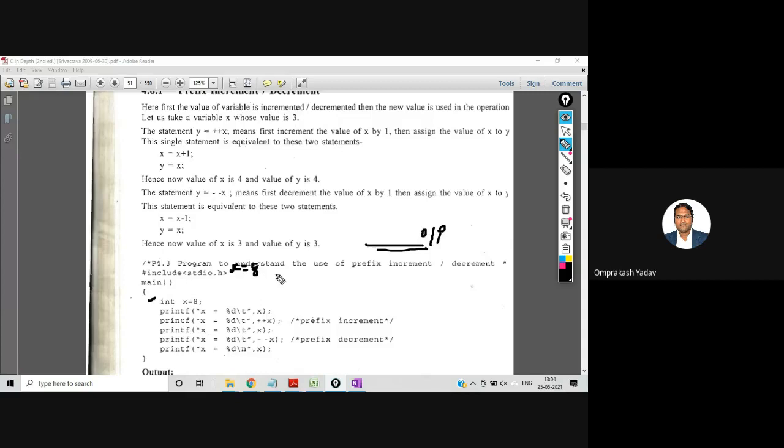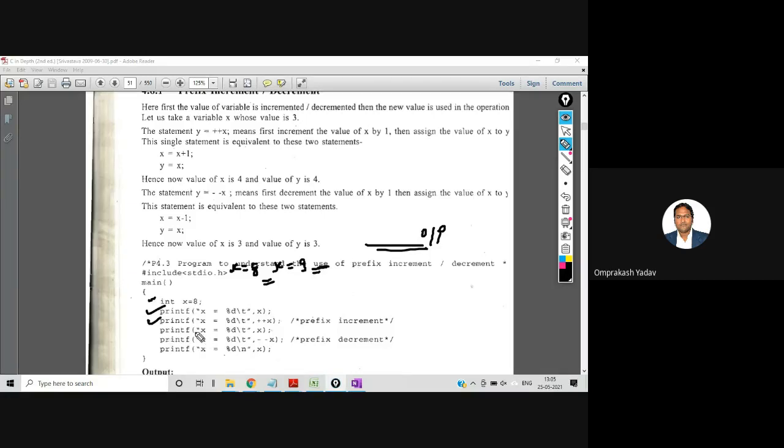Then there is a slash t, so spaces will be left. Then the next printf, x is equal to %d slash t, plus x. It's a prefix, pre-increment, so first the value will be incremented and then it will be printed. The value of x was 8, now x will become 9 and then it will be printed. So it's like this, x is equal to 9, with blank spaces after each.